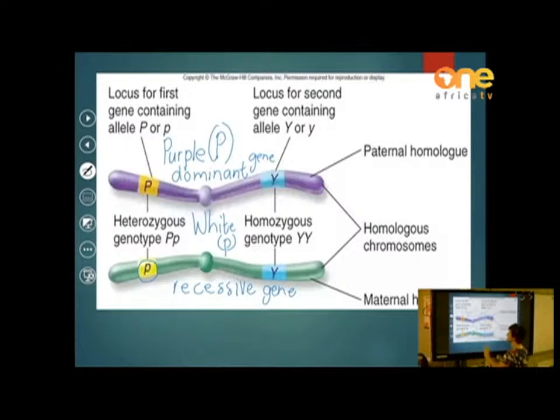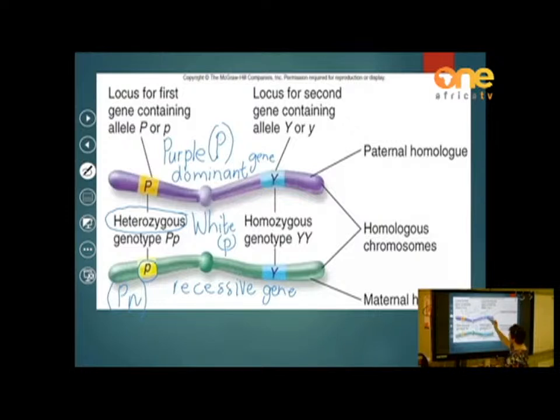In this case, we say the recessive feature is white. And when I have a capital P, small p, gene combination, we say it is heterozygous, different genes. This specific organism has 2 different genes for, let's use flower color.